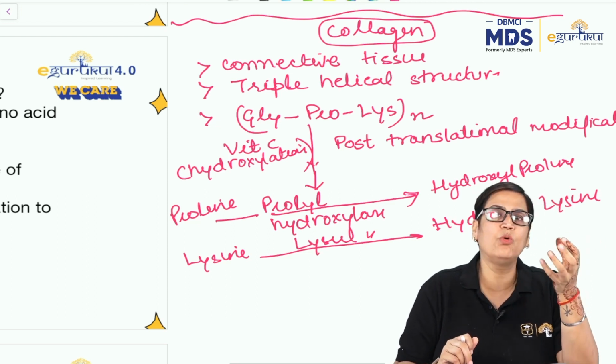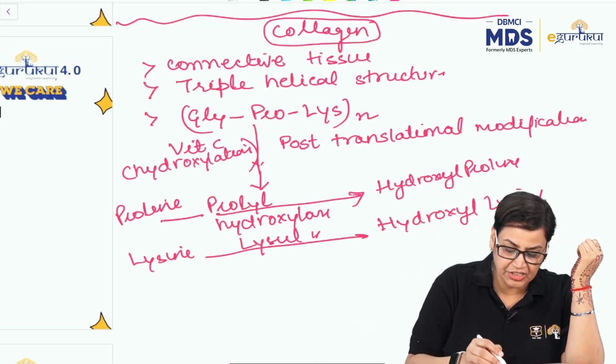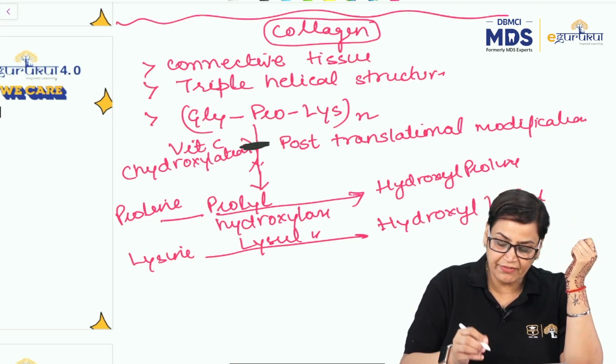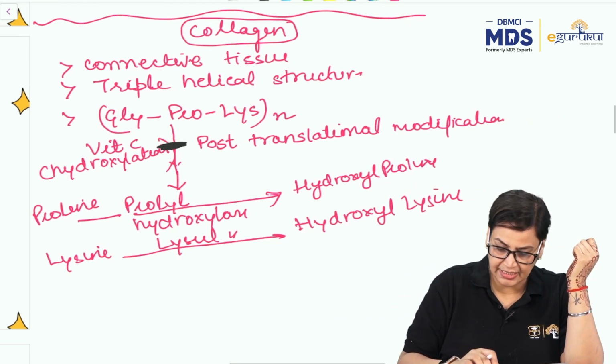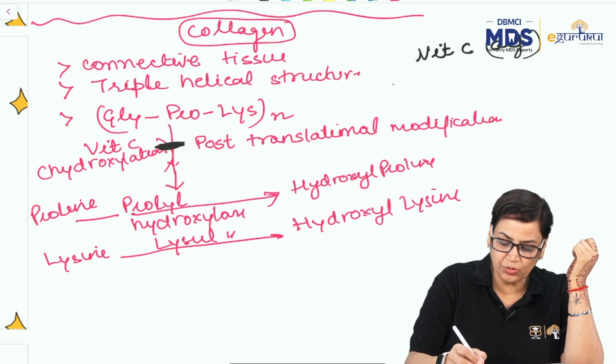So it is giving more strength. That is why we say if there is a deficiency of vitamin C, it leads to defective collagen formation. I'll just write it here. Vitamin C deficiency leads to defective collagen formation.